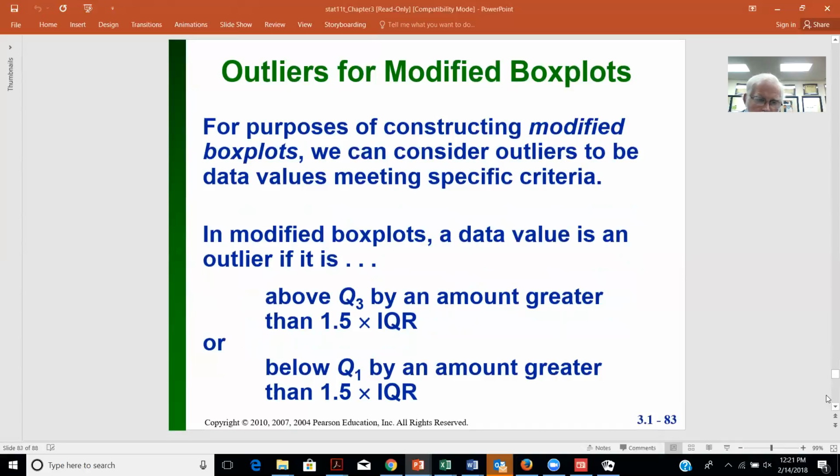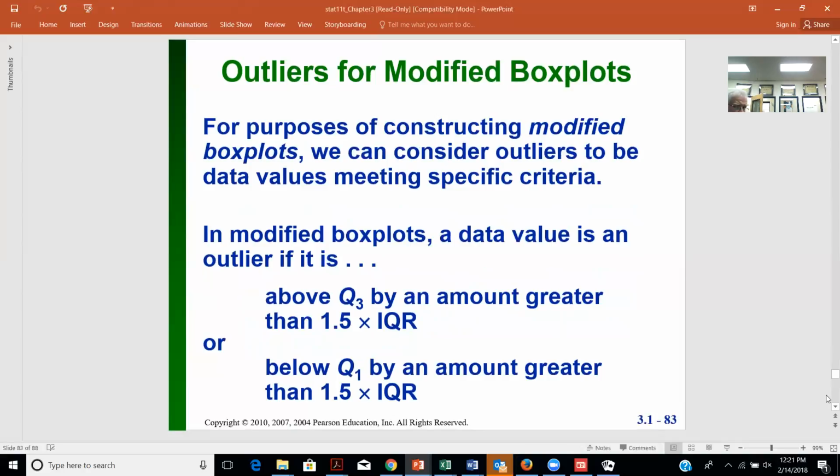We can modify our box plots so that we define an outlier as a value above Q3 by an amount greater than 1.5 times the interquartile range, which, remember, is the range from Q1 to Q3.